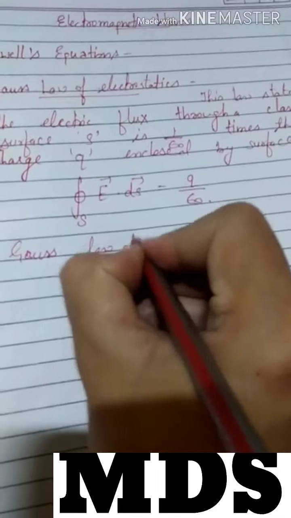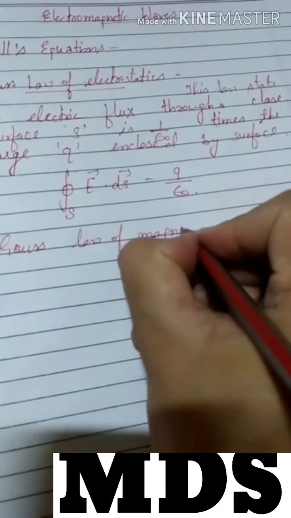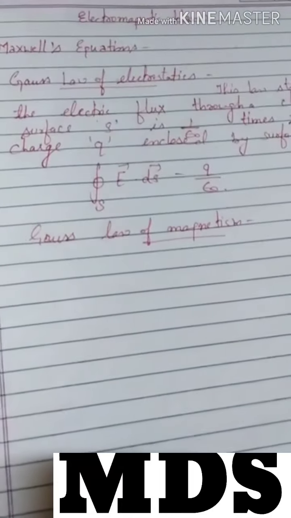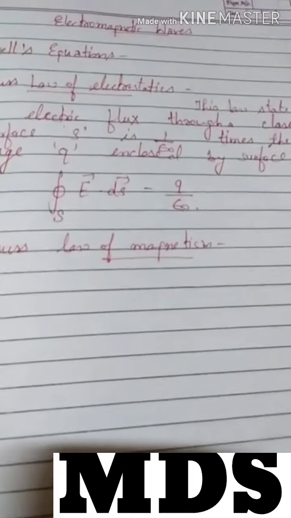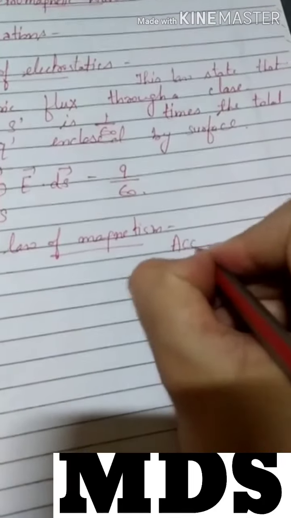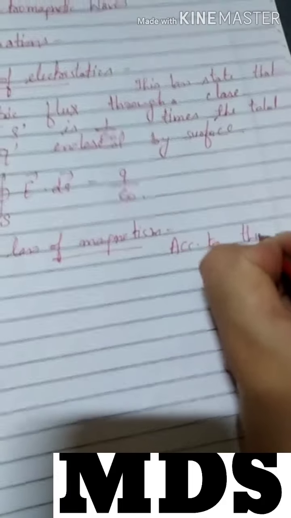Gauss law of magnetism. According to this law, the magnetic flux through a closed surface is always zero.